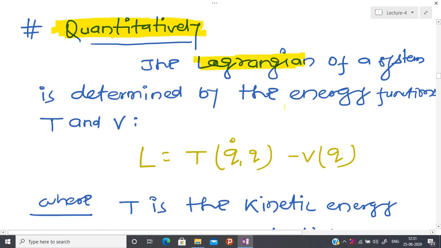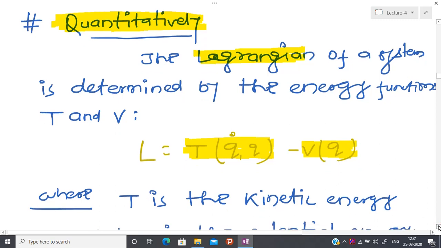That is nothing but the difference of energies. You can see that this is the kinetic energy, and most of the time we assume that kinetic energy is a function of q, the coordinate, and the derivative of the coordinate, and potential energy is just a function of the position.